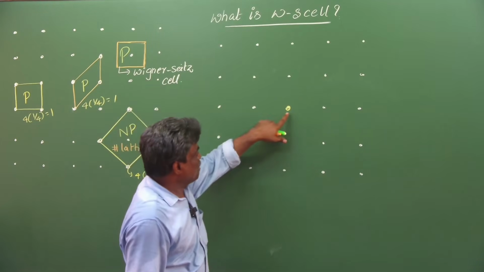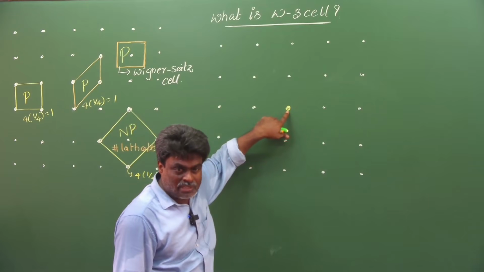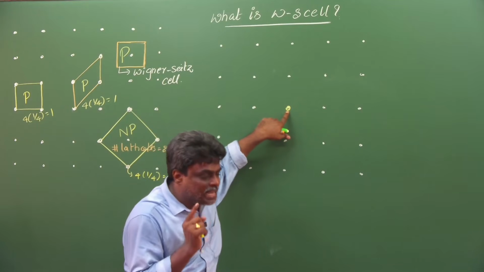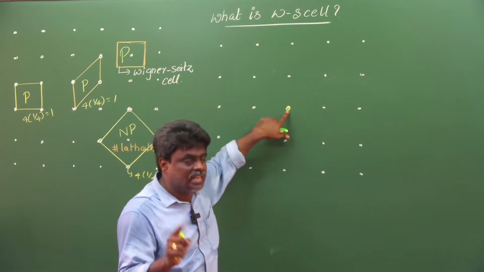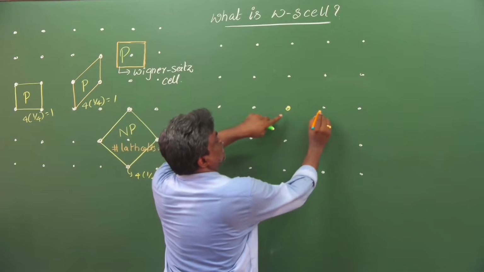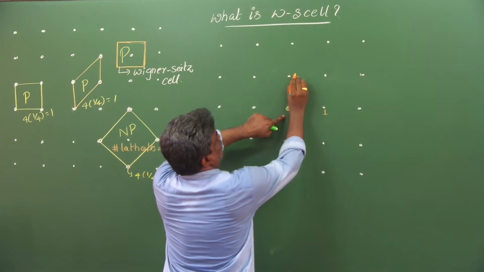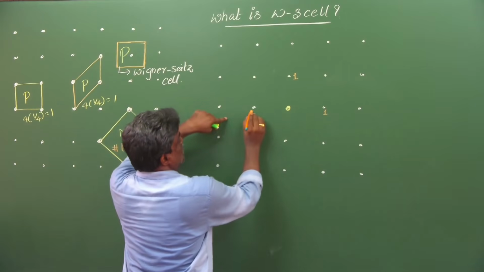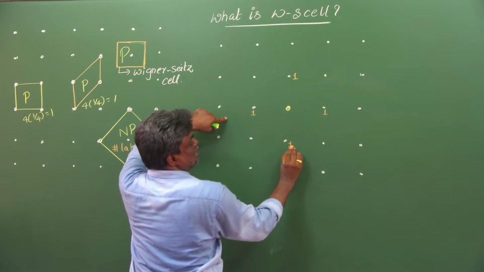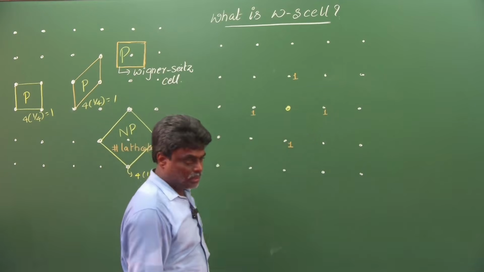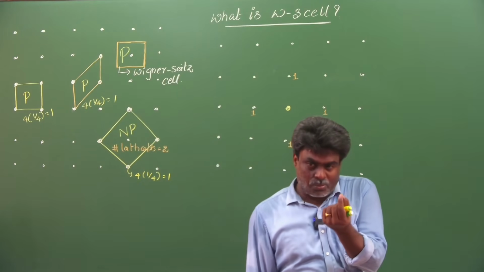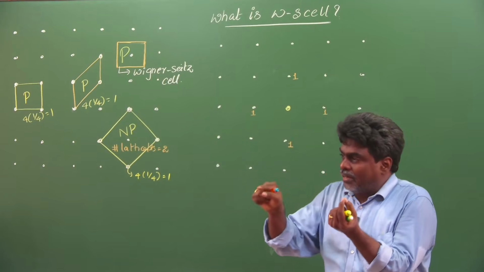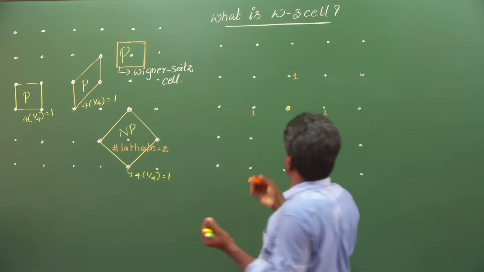Could you please tell me, for this lattice point, what are the first nearest neighbors? I am asking for the first nearest neighbors. I think this is 1, 2, and this is the first nearest, this is also first nearest, this is also. So I have chosen a lattice point, and after that I have taken the first nearest neighbors.